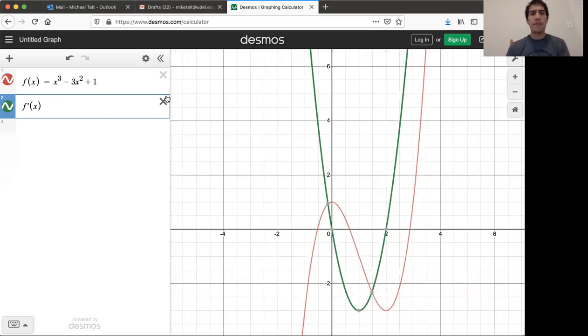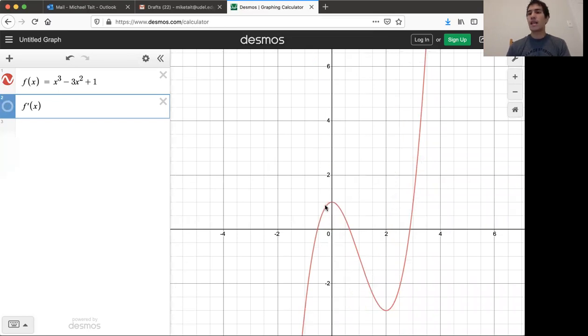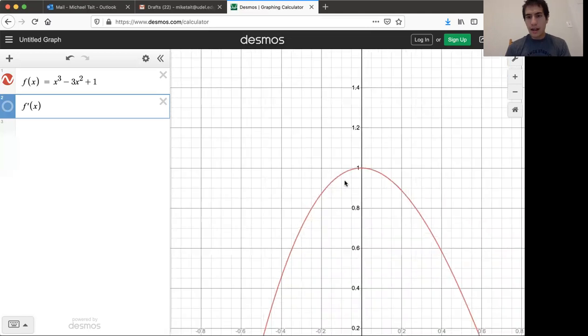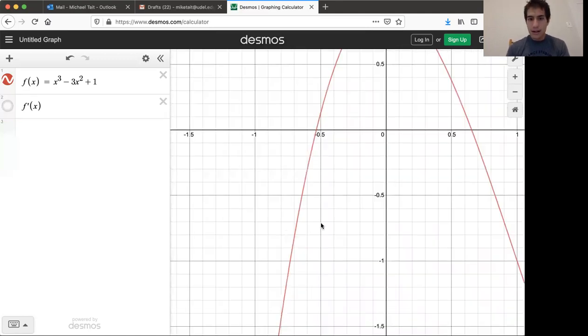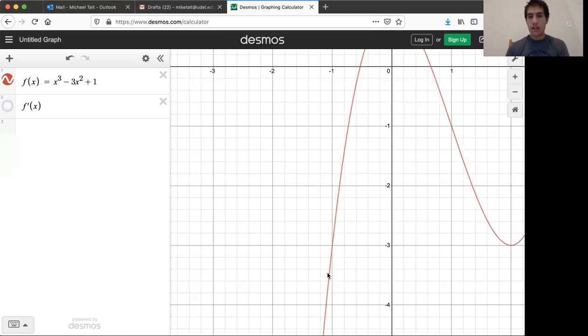So it means that the function should be increasing, but the tangent line should be not very steep, right? And so if I look at the rate of change of this curve here, that's what's happening. It's increasing, but only a shallow amount. Whereas if I go down here, the function is increasing and it's quite steep, right?